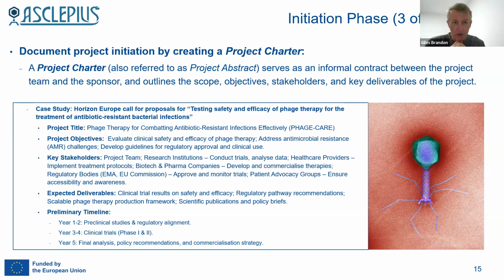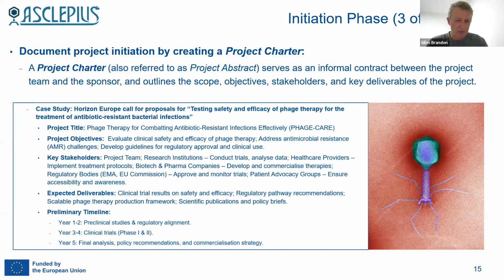If you're at that stage, one of the things that would be a good idea, assuming that you yourself or your organization is an initiator for this proposal idea, is to come up with what's called a project charter, also referred to as a project abstract.